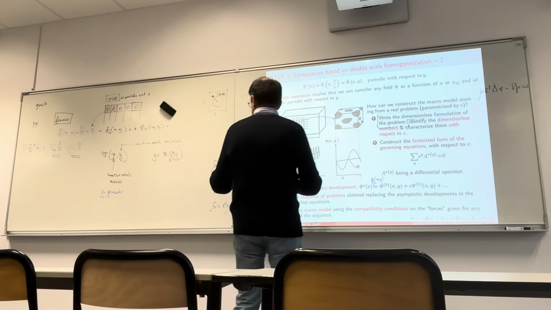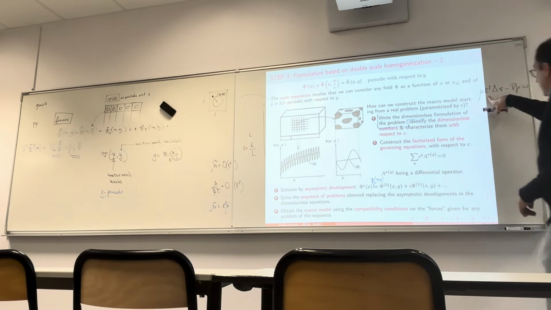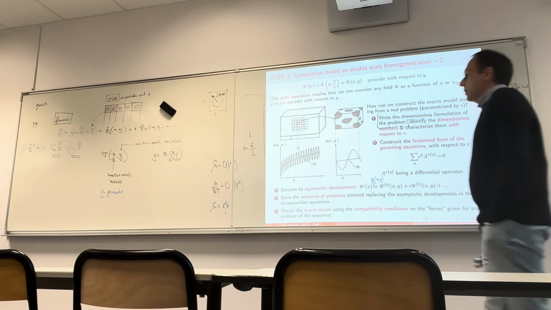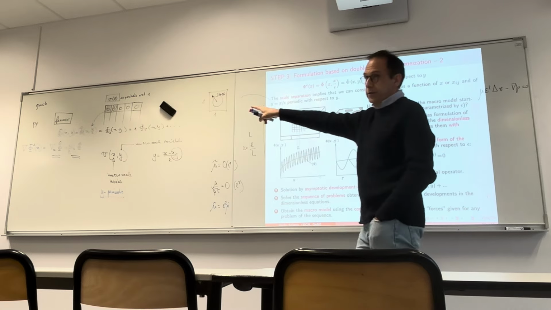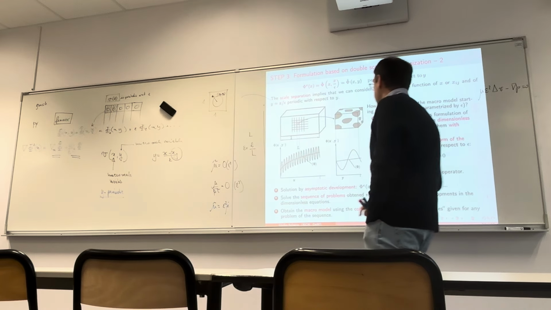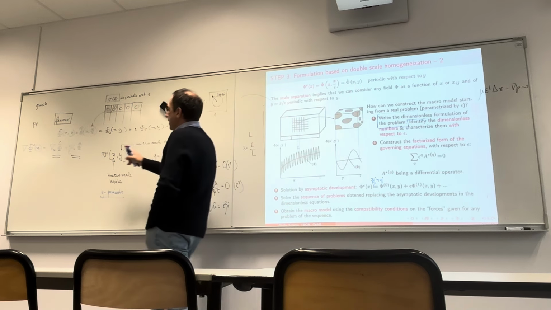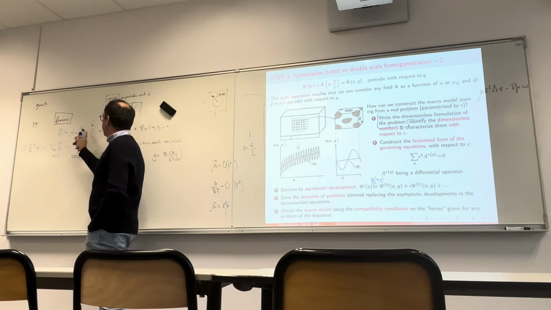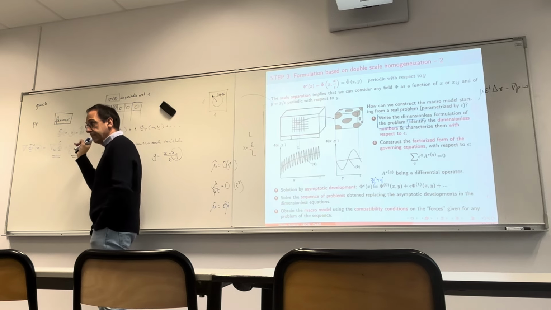So now the idea is that you have your governing equation. You have your asymptotic expansion for your unknown. You have also the way to calculate gradients, taking into account the fact that every field will be considered as a function of x and y.